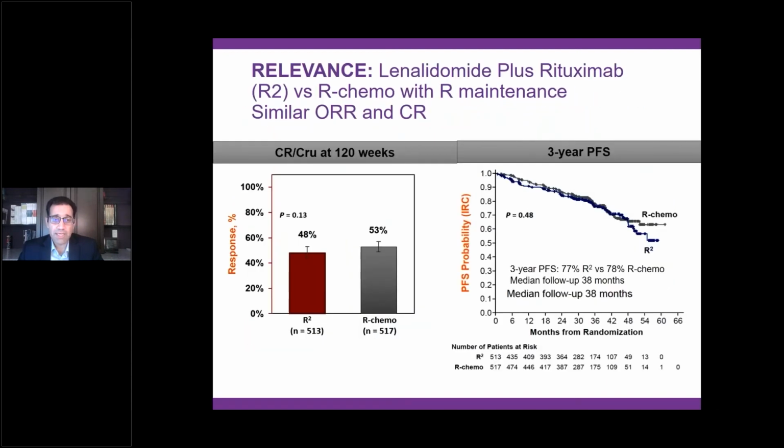And interestingly, it didn't change a lot. I mean, the same cure rate, the same progression-free survival, but it adds some toxicity as well. So this regimen is not really very popular in follicular lymphoma. So these are the management strategies with chemotherapy and immune therapy for upfront follicular lymphoma.